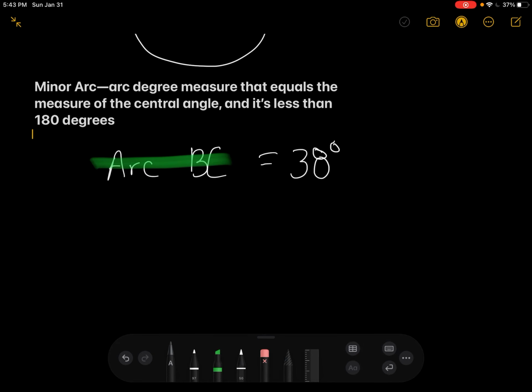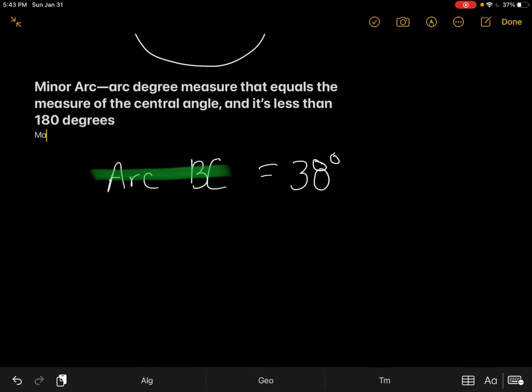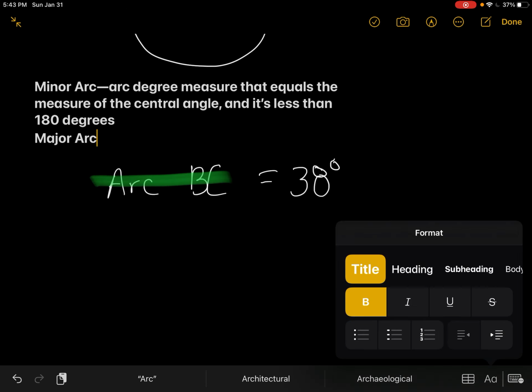You can probably guess that we have different types of arcs here. So let's go ahead and get started with a major arc. So these are much bigger. And in this case, a very similar idea.